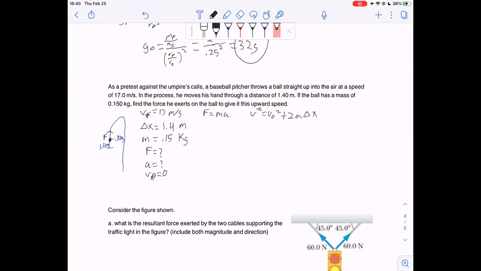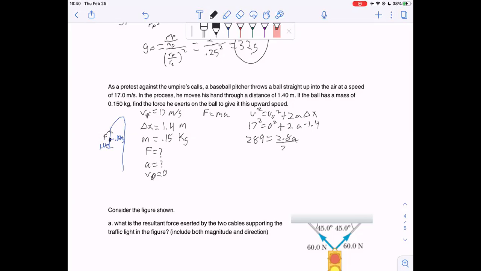So 17 squared is equal to 0 squared plus 2 times our acceleration, which we're finding, times the 1.4. So 17 squared is 289, which is equal to 2.8a.